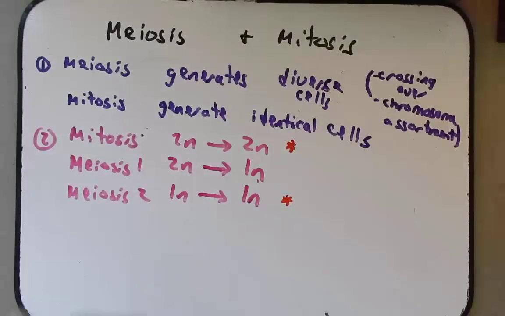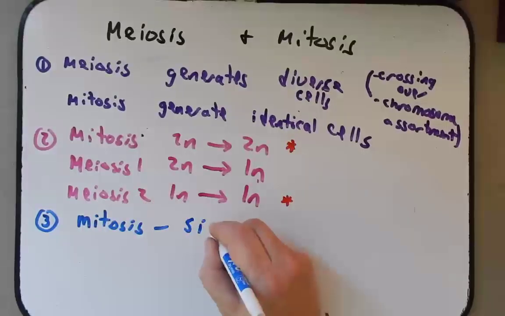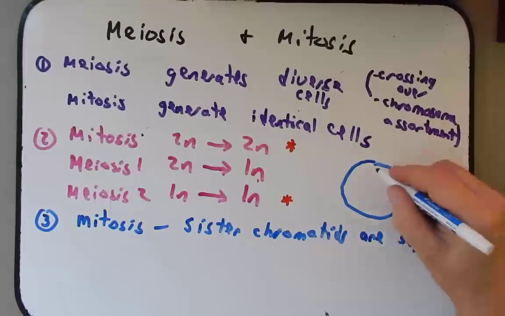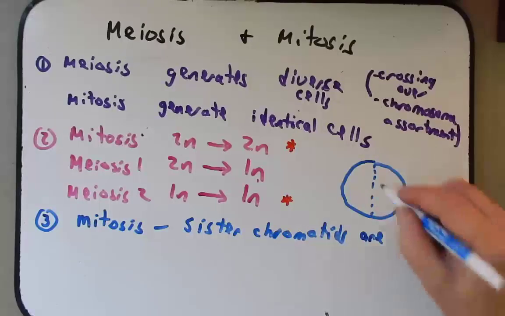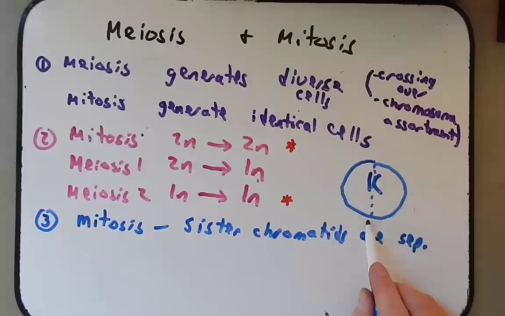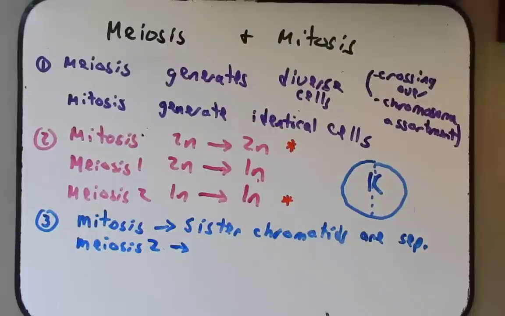It accomplishes this because of the third point I want to make, and it's about metaphase. In mitosis, sister chromatids are separated. So if this was a cell in mitosis, you would have your metaphase plate here, you would have your copied chromosomes like such, and they would be separated along this metaphase plate so that each of these cells would get 1 copy of it. So it's a little out of order. I'm going to say meiosis 2 here. Meiosis 2 does the same thing.